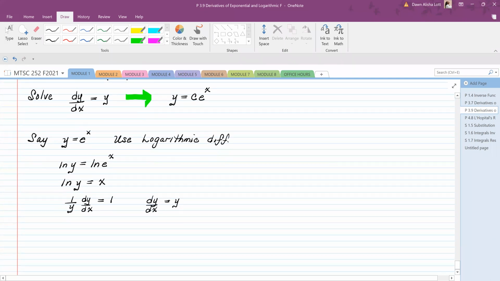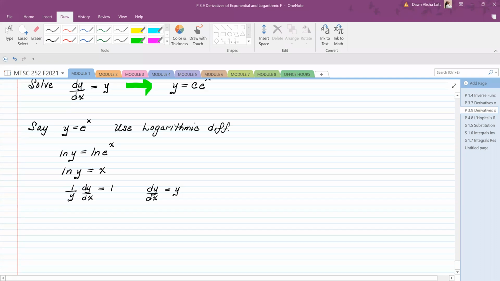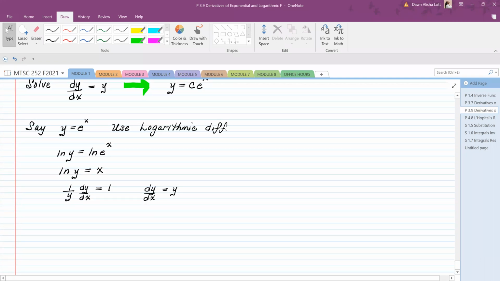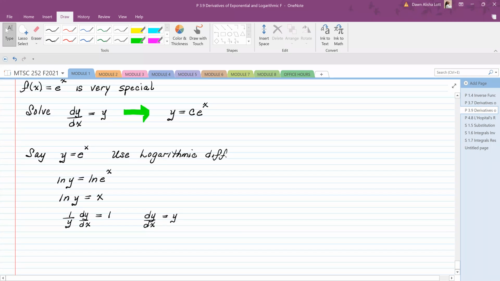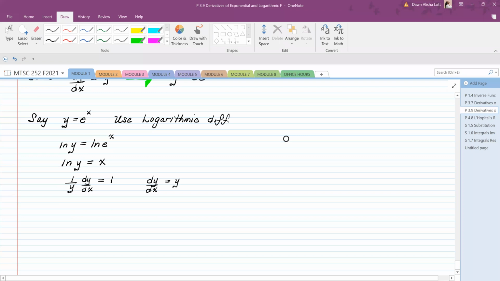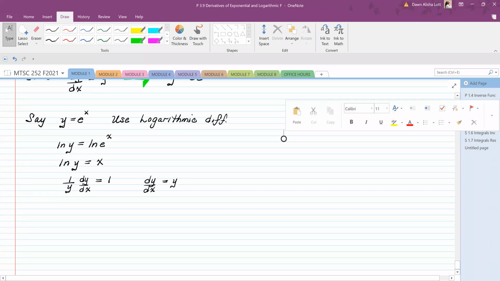So now I get, what do I get? I was trying to solve to see which function has its derivative of y equal to itself. So I have the derivative of y is equal to y. I want to show you that that's going to tell me that it's the exponential. So now I end up with the derivative of y is equal to y.